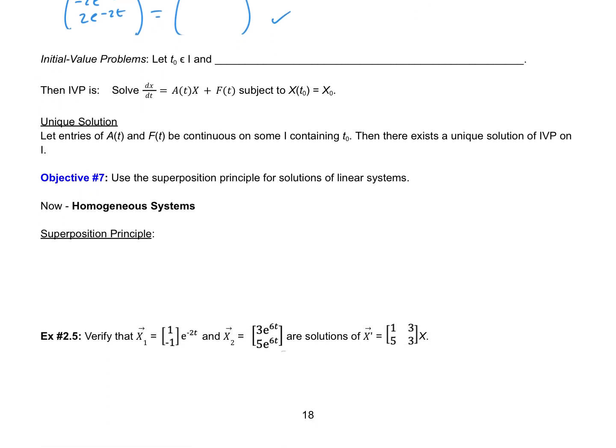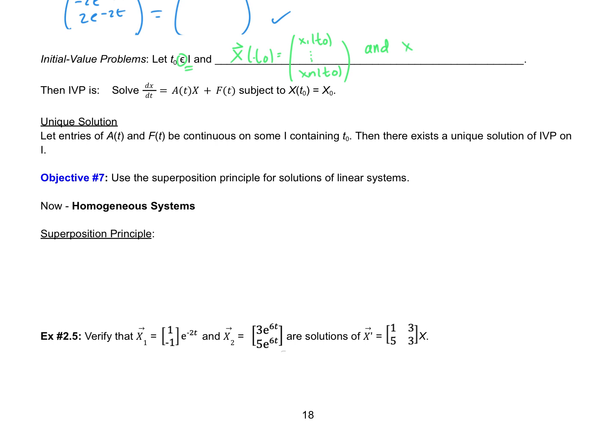Next thing we're going to talk about is initial value problems. We are going to let t naught be an element of some interval I, and when we substitute that t naught into x, we get some column matrix x1 of t all the way to xn of t.